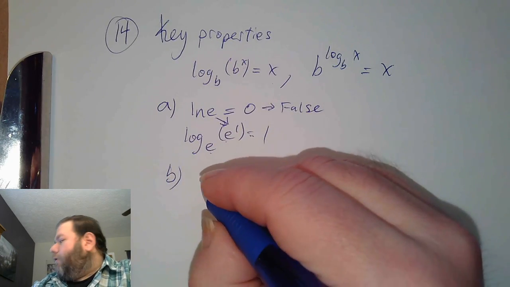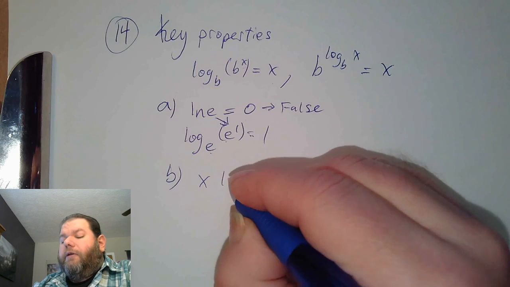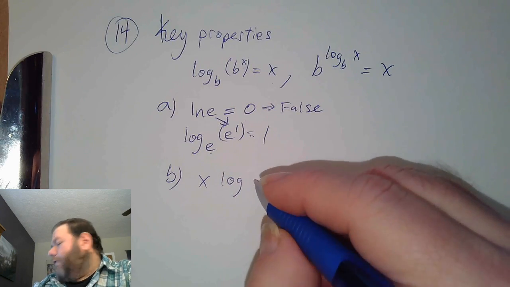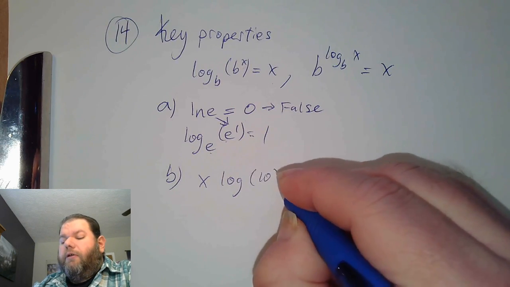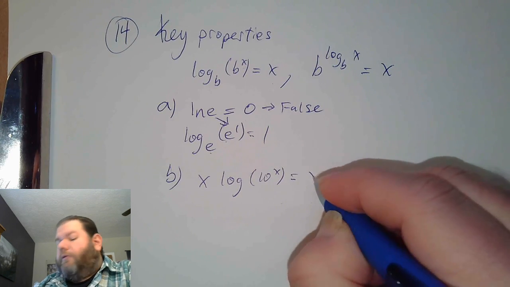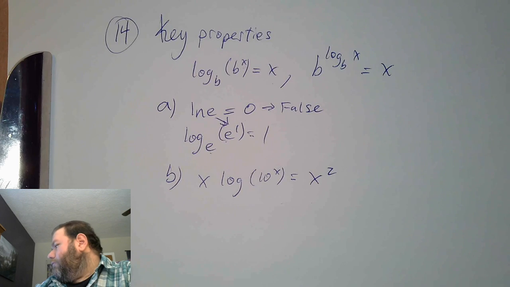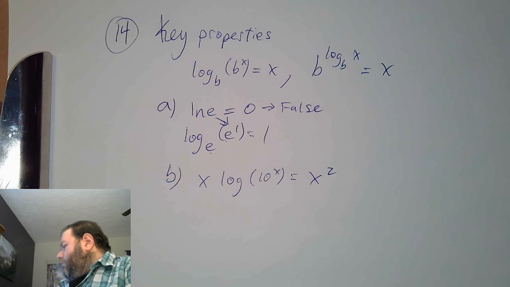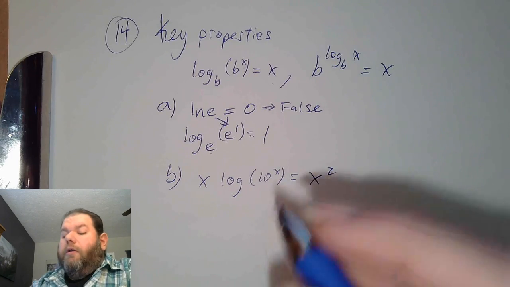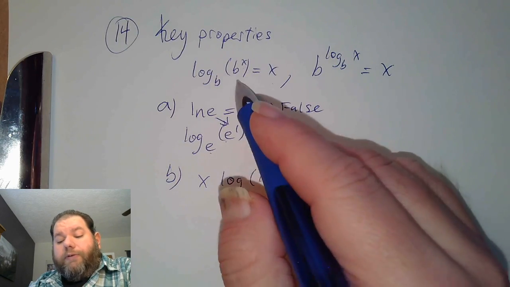B, we have x times log of 10 to the x equals x squared. Similar rule as what we just looked at here.